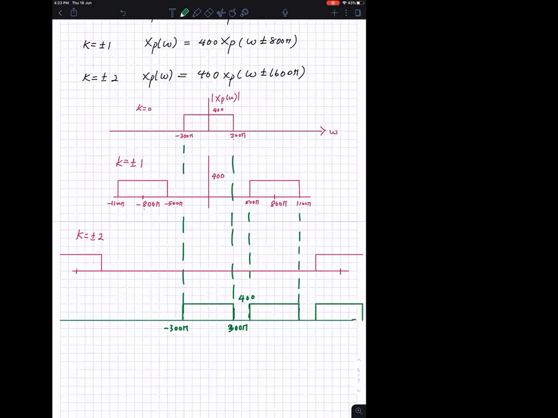It will continue to go up to negative infinity. So on this side is just the carbon copy. Maybe I want to draw this thicker.